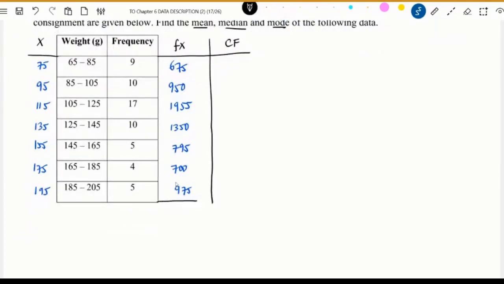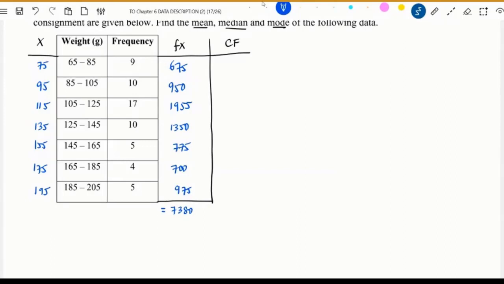Okay, so what is the total? Sorry, this one should be 7, 155, right? Okay, thank you. 775. Okay. What is the total? Total we get 7380. Okay, good. 7380.